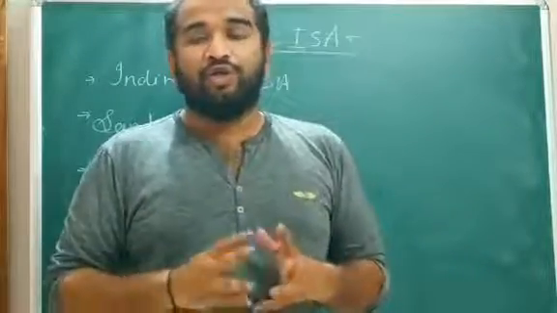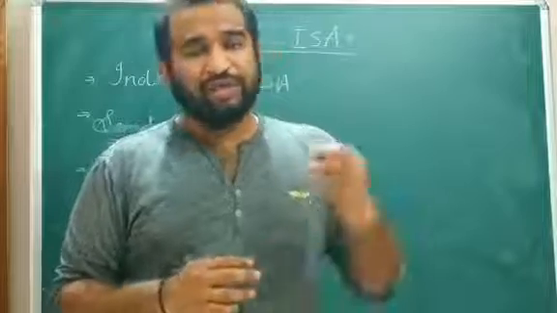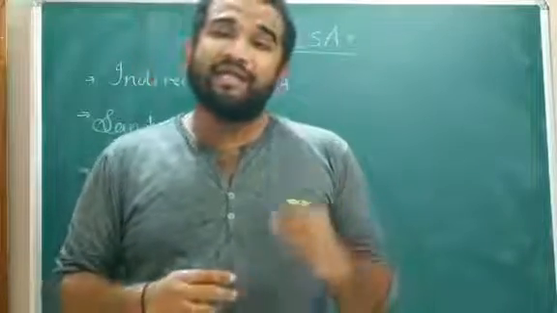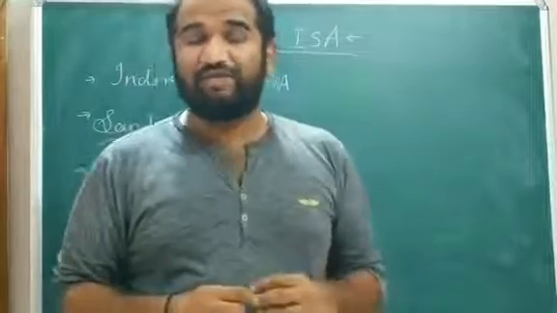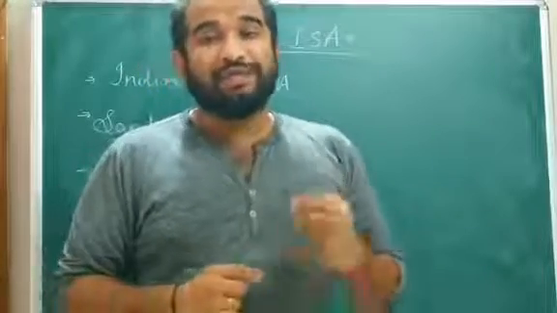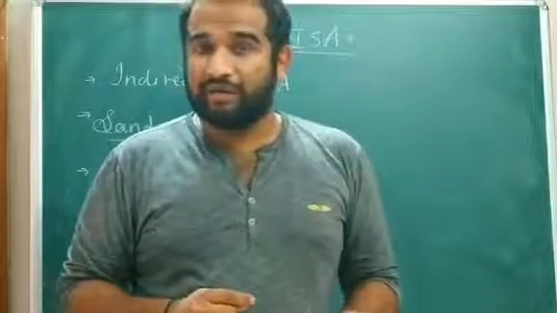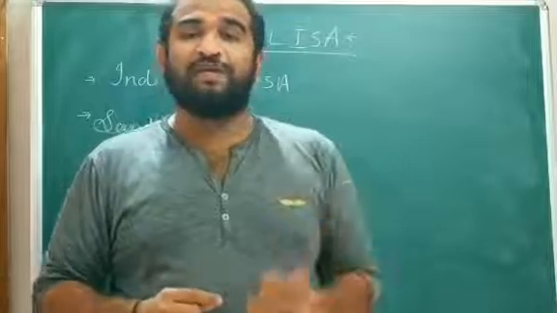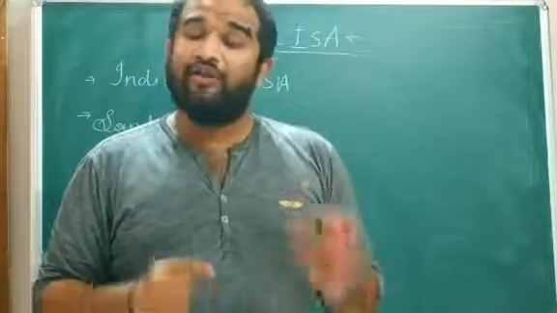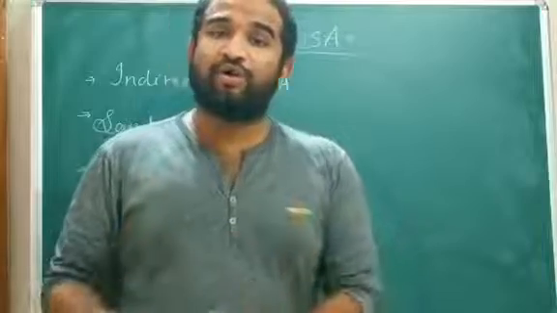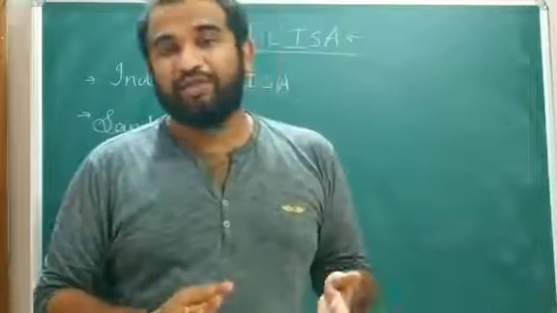Huge amounts of antibodies are not produced, but smaller amounts are, and whether these antibodies are present in the patient's serum or not, that we are going to check. If the person's blood sample contains the antibodies, it means that the person is infected with HIV. That is, that antigen is present inside the body of that individual, and that's why the person's body is producing the antibodies. That is going to indicate it.